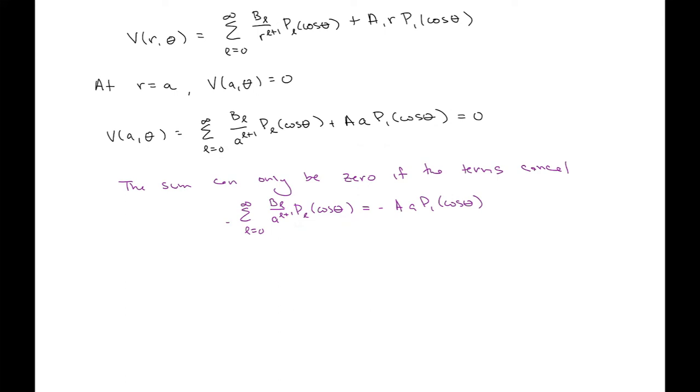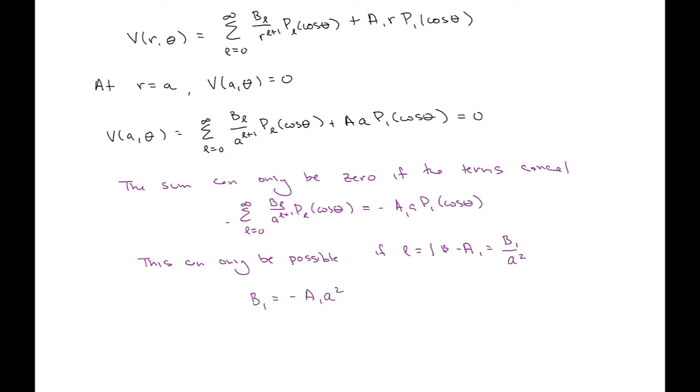This tells me that this can only be possible if L is equal to 1 and if our constant, I should have a 1 there, negative a1 is equal to b1 over a squared. So b1 is equal to negative a1 times a squared.